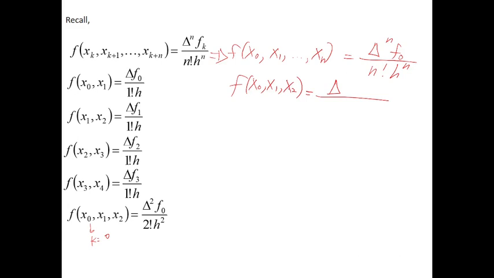So since this is second order divided differences, no, we have delta squared f sub 0 over 2 factorial h squared.